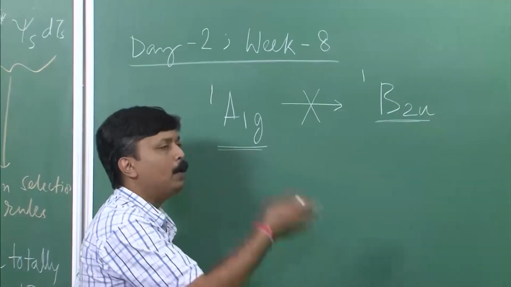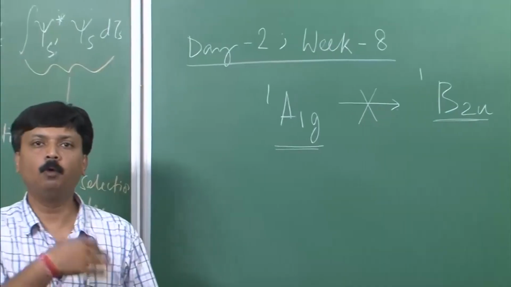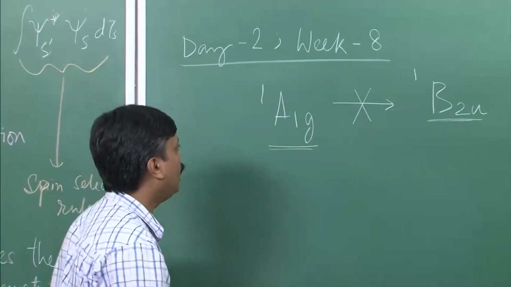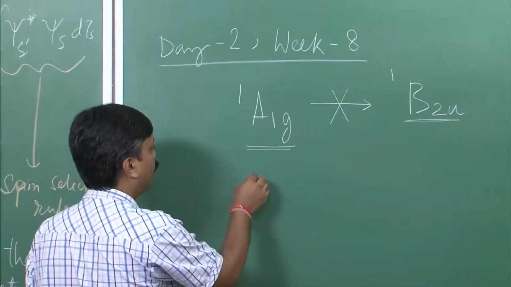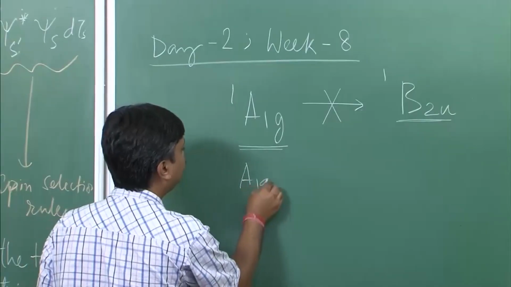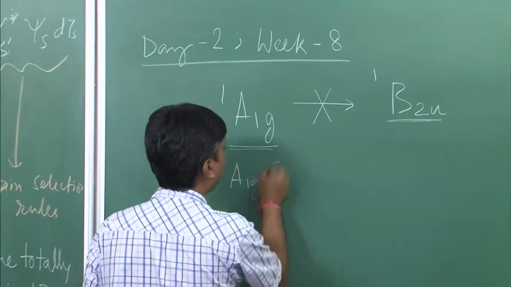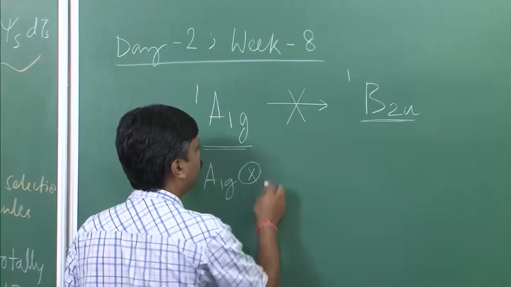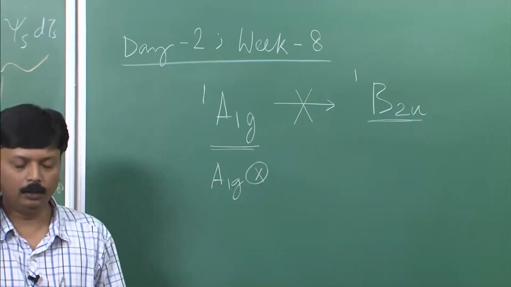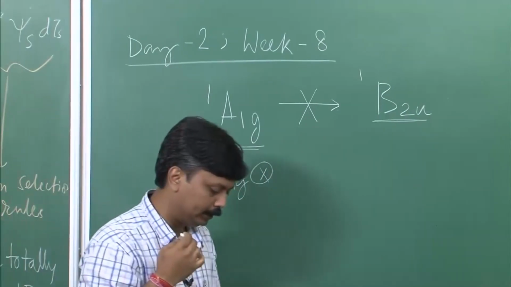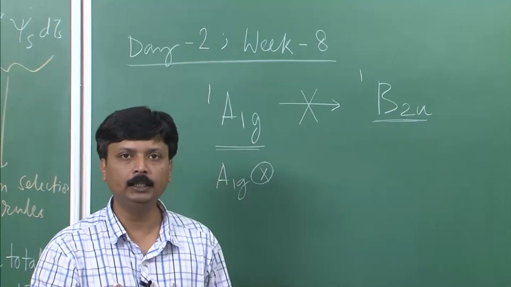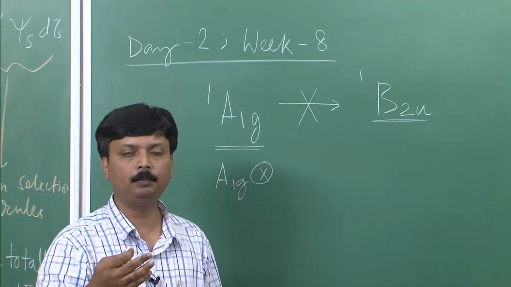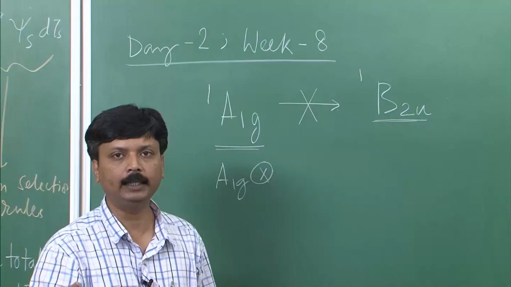If I want to look at this problem even more explicitly, then what I have to do is take a direct product of A1G and the irreducible representation according to which this dipole moment operator transforms, that is, I have to look for the irreducible representation for which x, y and z form the basis.